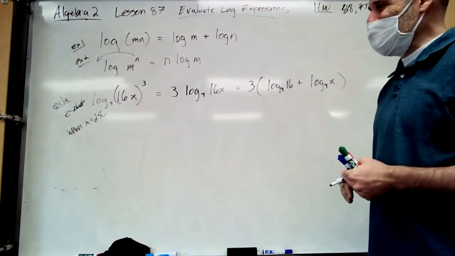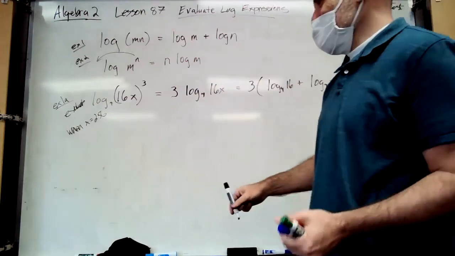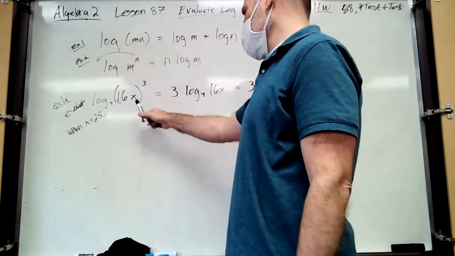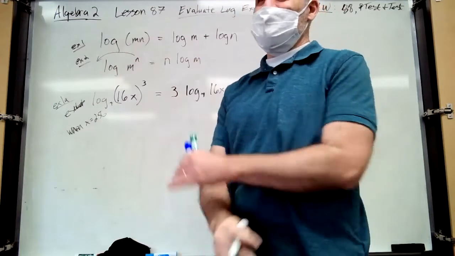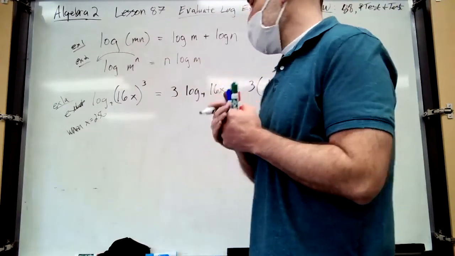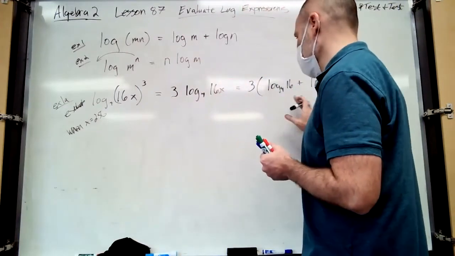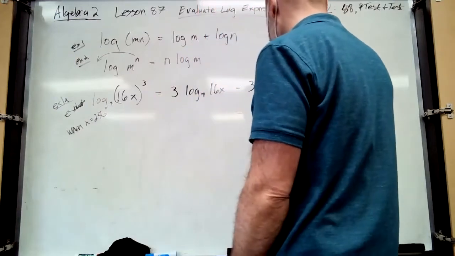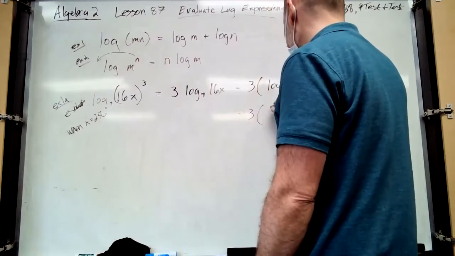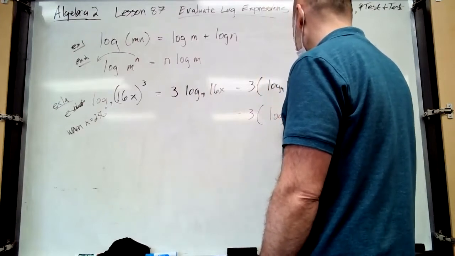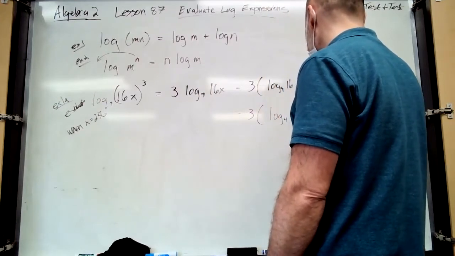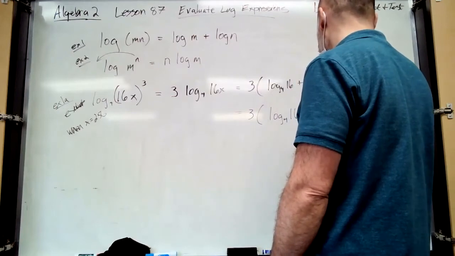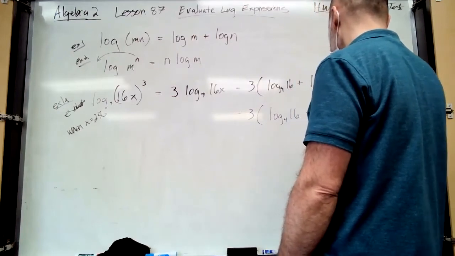But if I would have given you 256 right away, you probably would have been tempted to put it in there and multiply by 16. Don't do that, because then you can't do this, which is nice. So now we're going to substitute 256 in there. So 3 times (log base 4 of 16 plus log base 4 of 256).